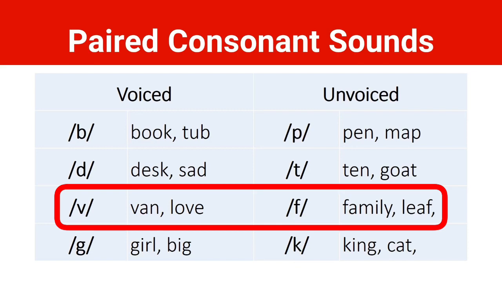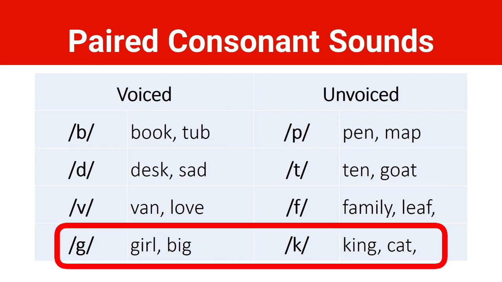V: van, love. We feel vibration. F: family, leaf. There is no vibration. G and k. G, girl, big. K, king, cat.